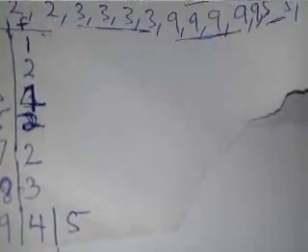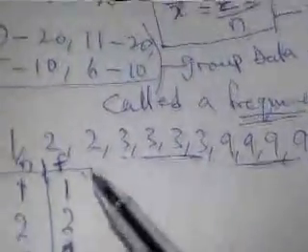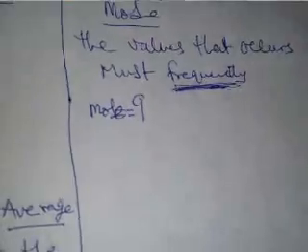So now our 9 is going to appear 5 times. When you check the remaining data, you find that 9 is the value that appears most. So 9 is now the mode, because it's the value that appears most frequently.